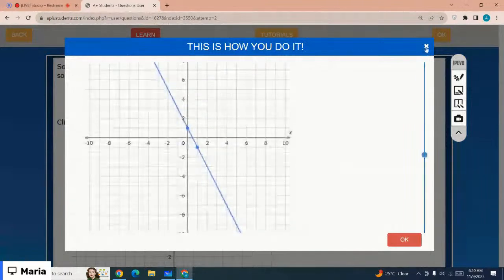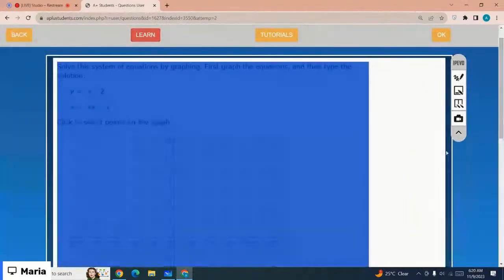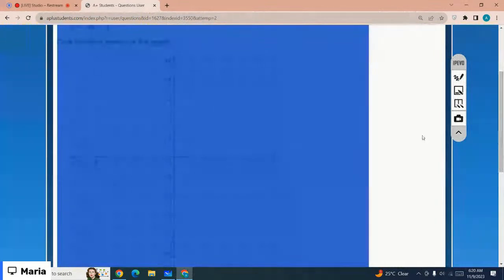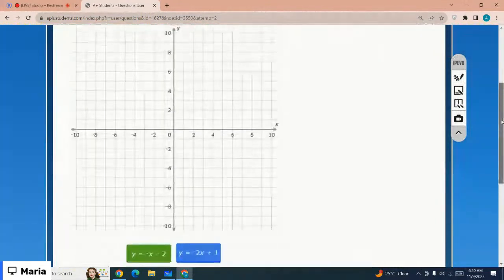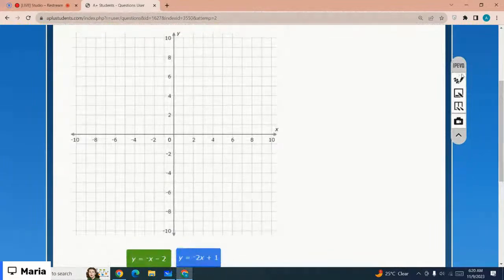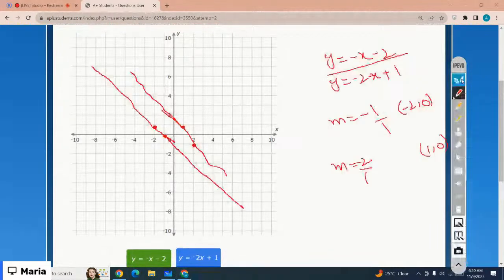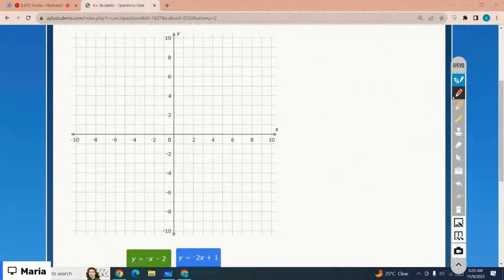Okay, that is the mistake I did. Let me explain again, right? Just listen to me carefully. Here are the equations, y equals negative x minus 2, right? So I found the mistake I made.